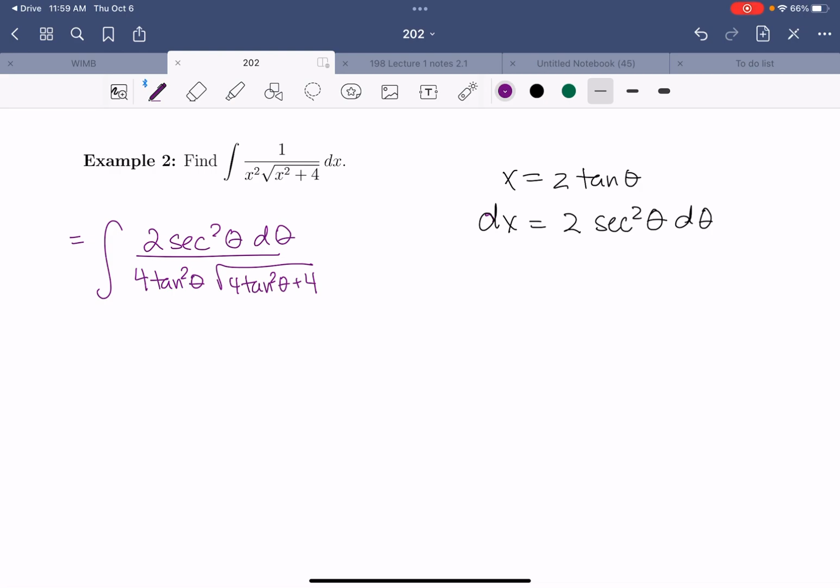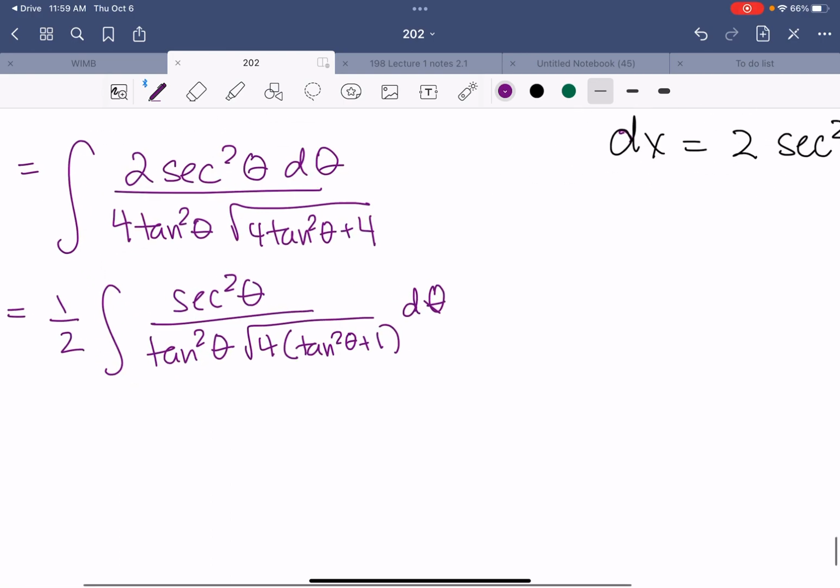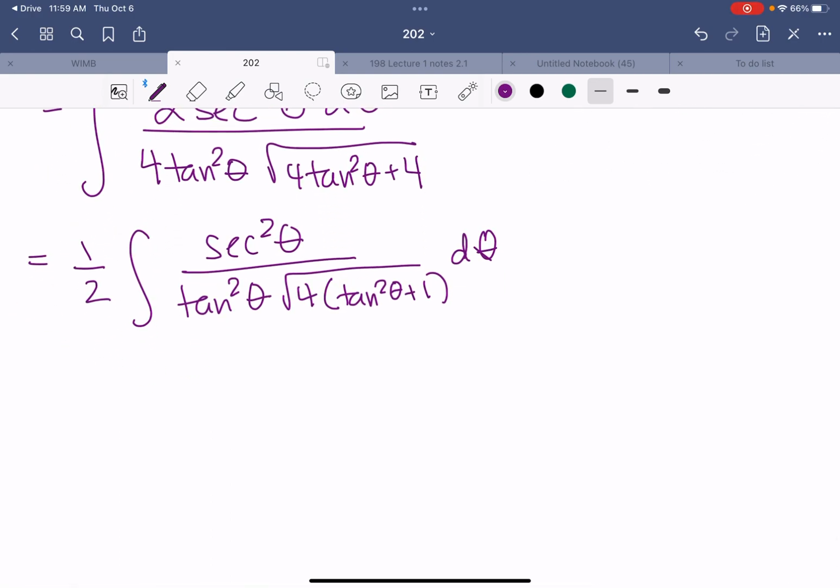Okay. All right. Now, what do we do with this? From here, we're going to do exactly what we did before. So we're going to pull our numbers out front. So you've got 1/2 the integral of secant squared theta over tangent squared theta. And then underneath the square root, pull the 4 out from the tangent squared theta plus 1 d theta. From there, we know that tangent squared plus 1 is secant squared.